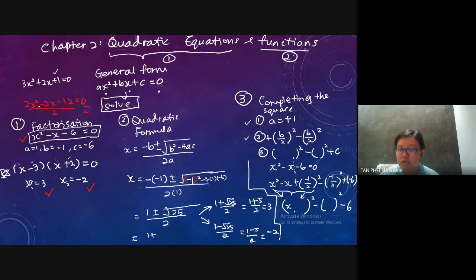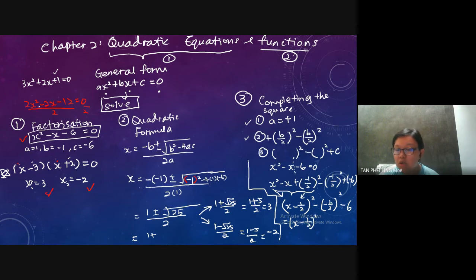You just bring in the minus 1 over 2. So this first three terms will become big bracket square. Then the minus the small bracket will be minus 1 over 2, still the same. Then plus c. Your c is minus 6, so you copy back. Then you come to the last step, which is just simplify that.